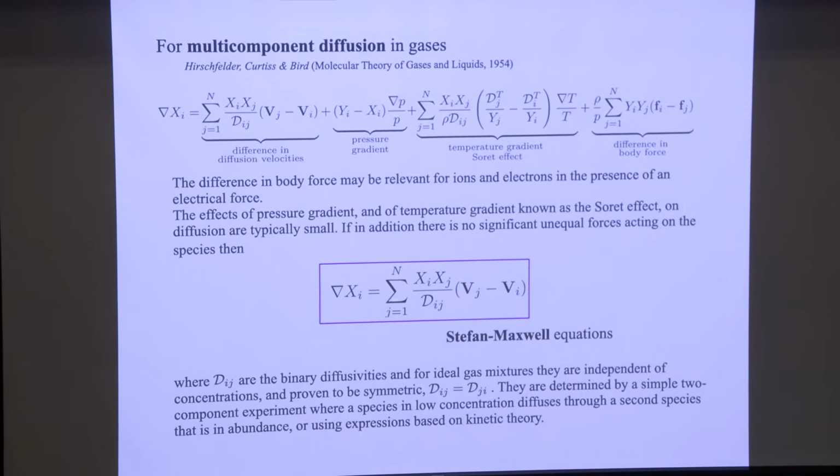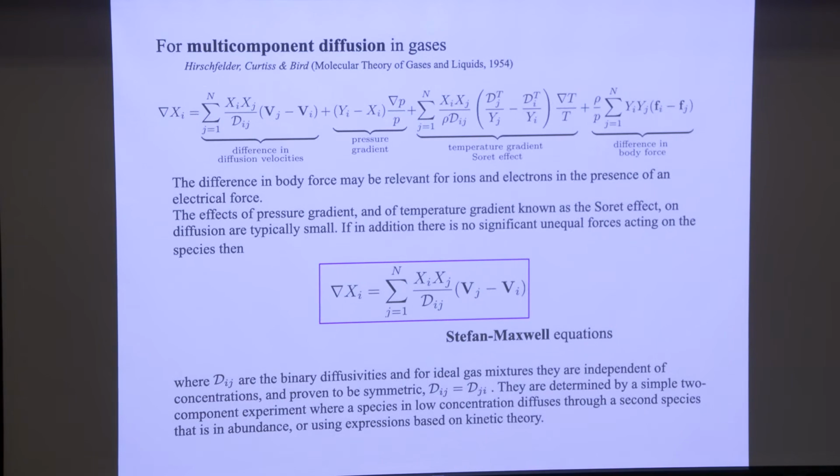Again, it tells you that if you know the mole fractions, you will know the diffusion velocity. Note that for a species i, it's related to all the other species. And the Dij are also diffusivities, in other words, they have units of centimeters squared per second.